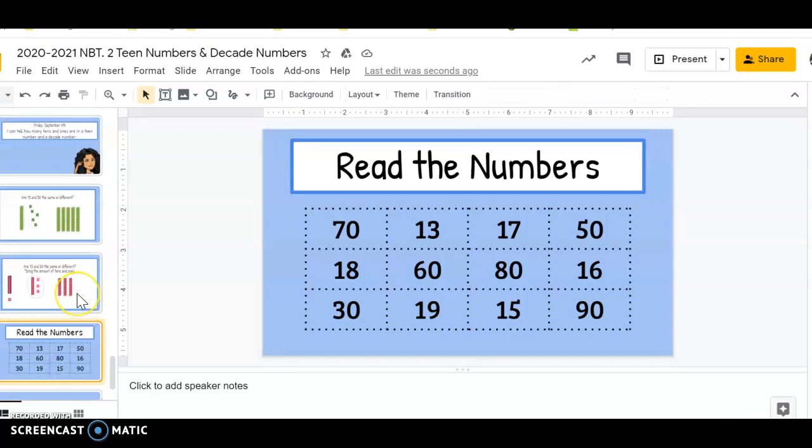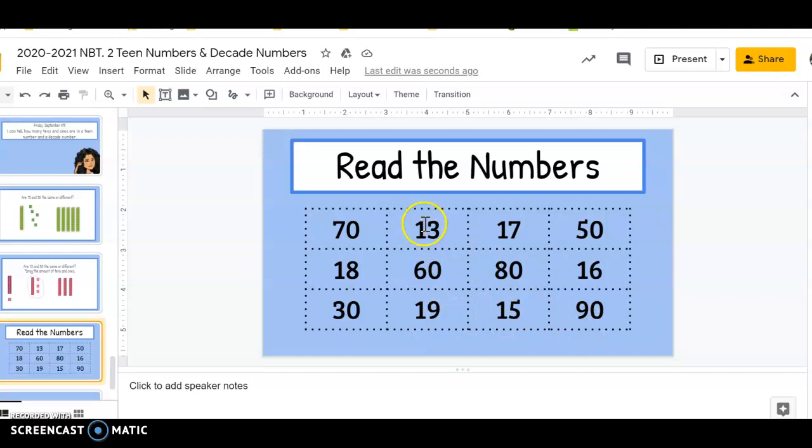So what we're going to do is what we did the other day. I'm going to read these numbers with you, and then I'm going to go back through and point, and you're going to read them out loud. Ready? 70, 13, 17, 50, 18, 60, 80, 16, 30, 19, 15, and 90.